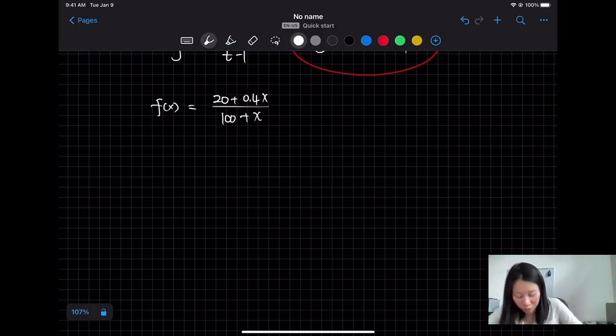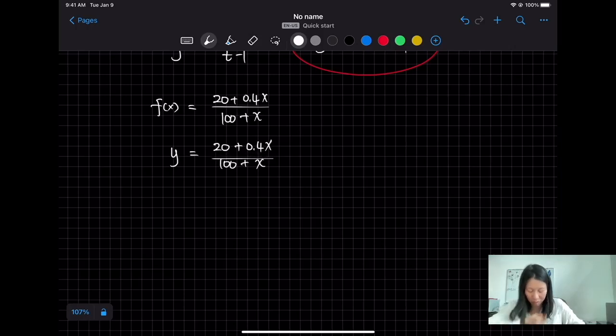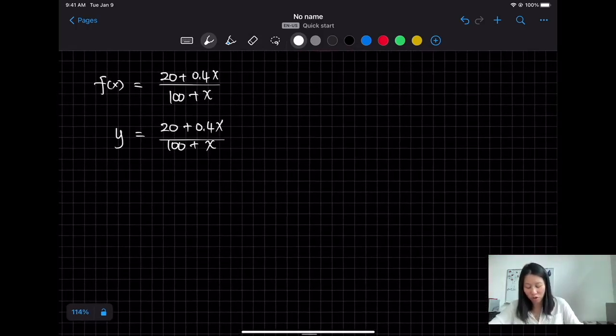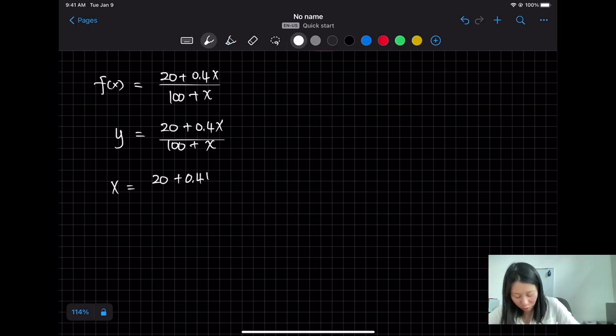Same thing, we would write it as y equals (20 plus 0.4x) over (100 plus x). And then you want to swap x and y. I have x equals (20 plus 0.4y) over (100 plus y). And now you need to solve for y.